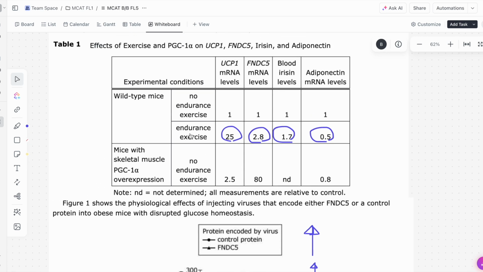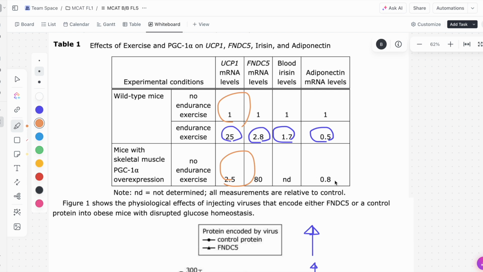So what happens? Mice with skeletal muscle PGC1 alpha overexpression, even without exercise, what do we see? Compared to wild type mice without any exercise, if we compare these two groups in orange here, we see that even without exercise, if you overexpress in the skeletal muscle, we're going to have higher levels of UCP1, higher levels of FNDC5, not determined for the blood irisin, and then lower levels of adiponectin mRNA.